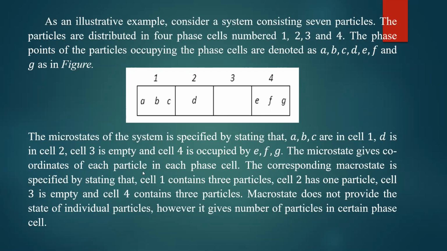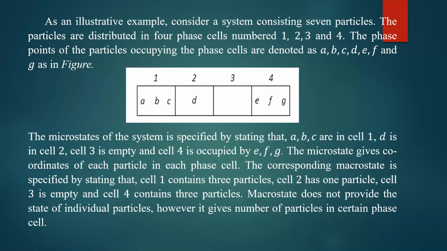The corresponding macrostate is specified by stating that cell 1 contains 3 particles, but we don't know which particles are in phase cell 1. We don't know that they are A, B, C, but we know 3 particles are there. That is macrostate. Cell 2 has 1 particle, cell 3 is empty and cell 4 contains 3 particles.